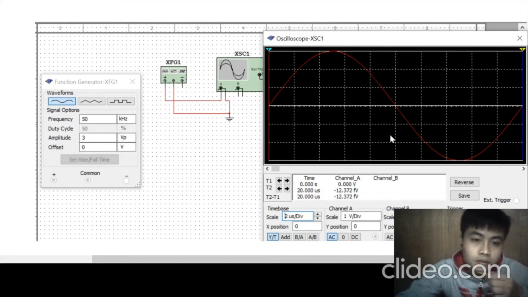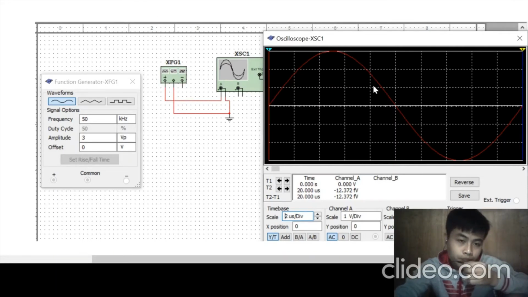This peak has 3 volts and this peak has 3 volts, so now we have 6 volts peak to peak. Okay, that is how I determine the voltage peak to peak. And now I will move to how to determine the period.